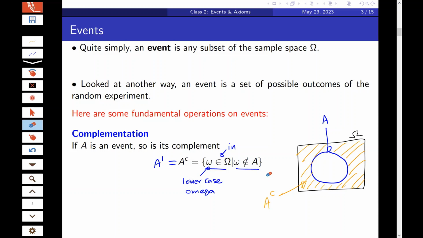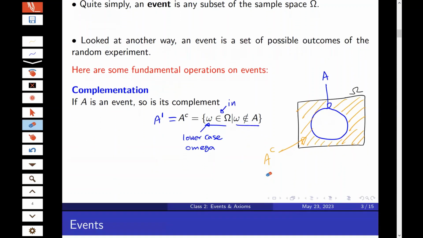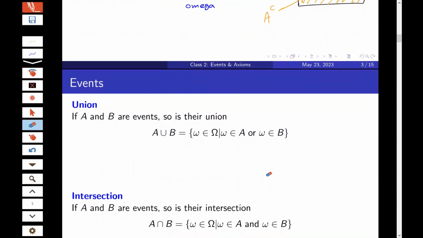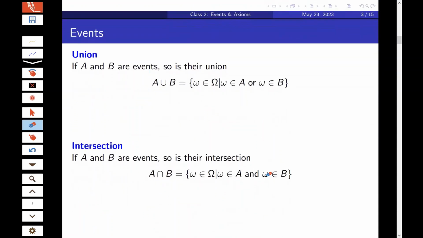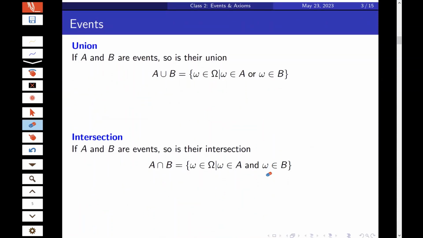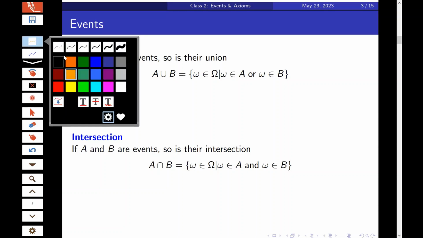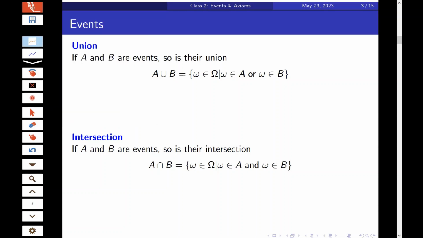We will discuss more examples later because there are a few more operations we need to discuss first. The second type of event operation is union. Again, we can express it in mathematical notation first. I will explain that first and then visualize it.